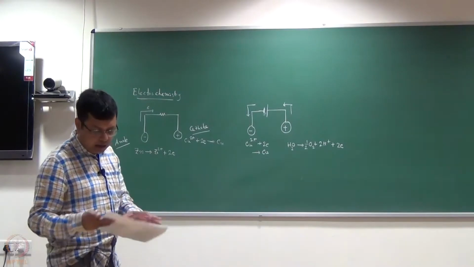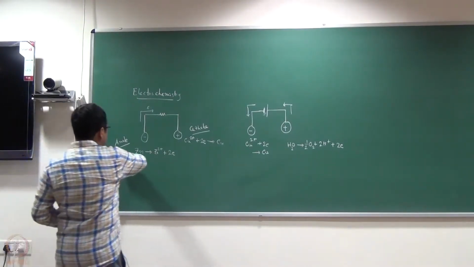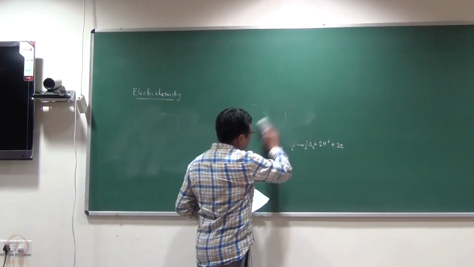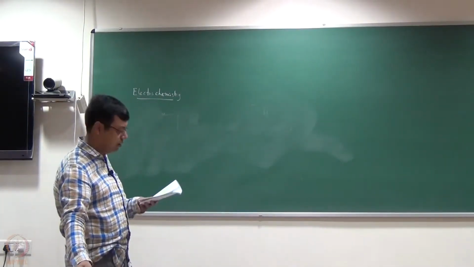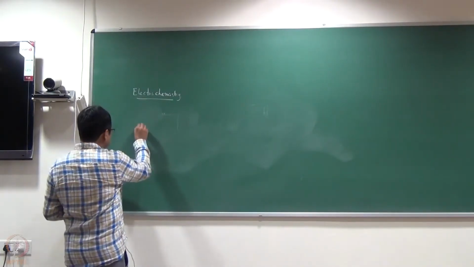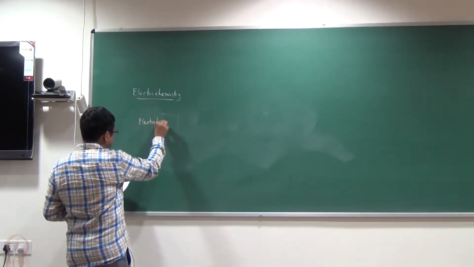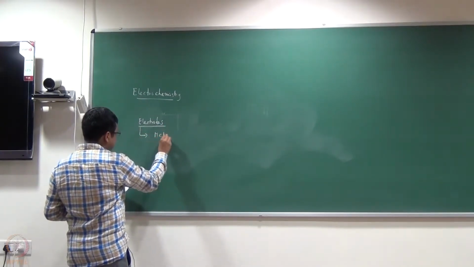Now, what could these electrodes be? All of you know that in most cases, the way I have shown here, they are metallic electrodes, right? Like platinum, hydrogen, all these things. So electrodes can be metallic in nature.